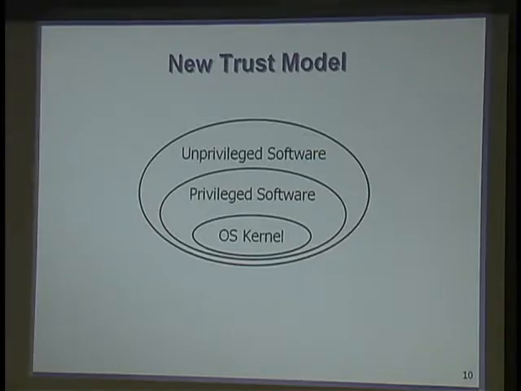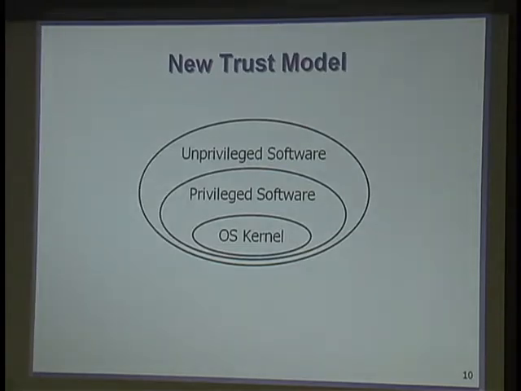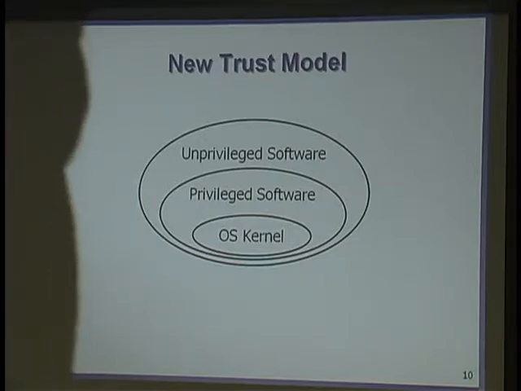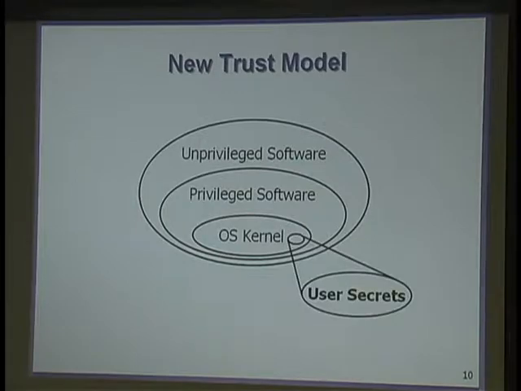So the new trust model says, in the old trust model, you have rings, okay? You have the OS kernel being the most privileged in ring 0, and then ring 1, ring 2, and maybe the unprivileged application software in ring 3, but in any case, there's hierarchical rings.